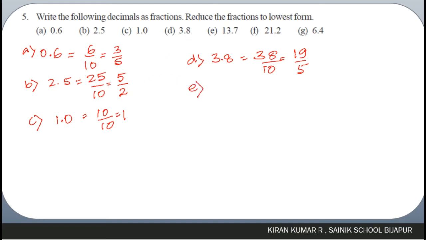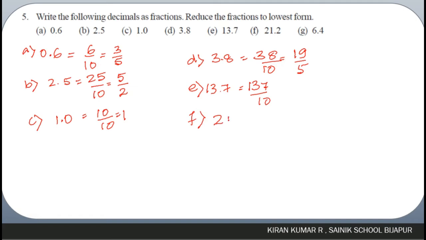In the fifth one, we have 13.7. This will be 137 upon 10. Here 137 and 10 are not divisible by the same number, so that itself is the lowest form.